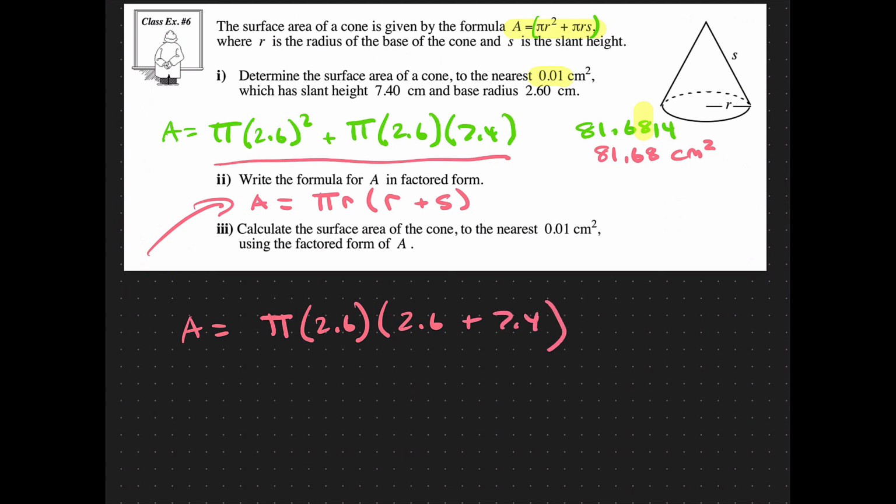And now I just need to shove that back into the calculator again. So pi bracket 2.6 bracket, open another bracket. Inside we've got 2.6 plus the 7.4, close the bracket, and I get the exact same answer. It equals 81.6814, which would get rounded to 81.68 centimeters squared. And we're done.